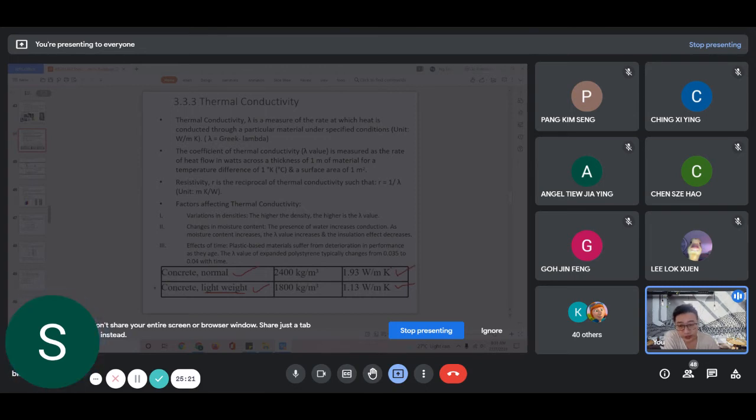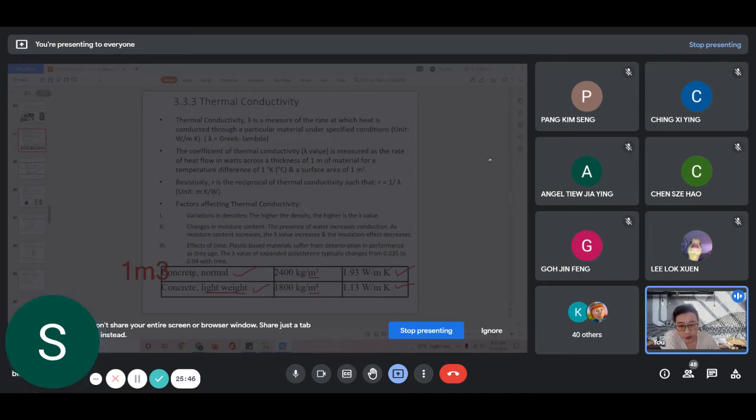This is assuming that they are the same size, meaning they are both, let's see, 1 meter cube, just for example's sake.